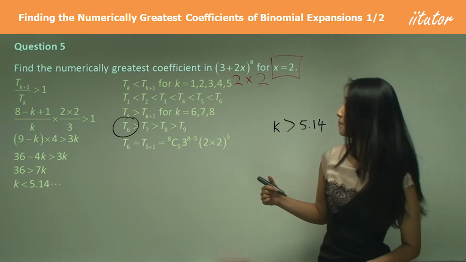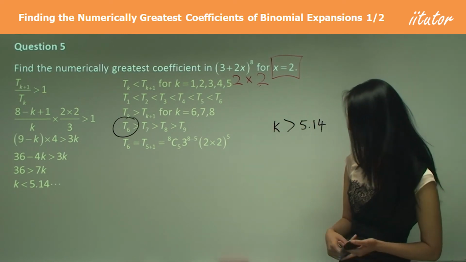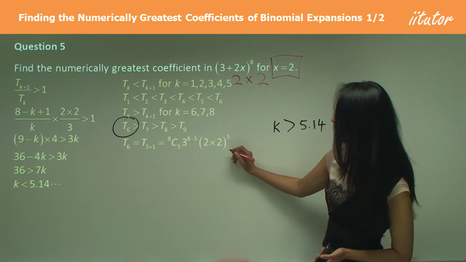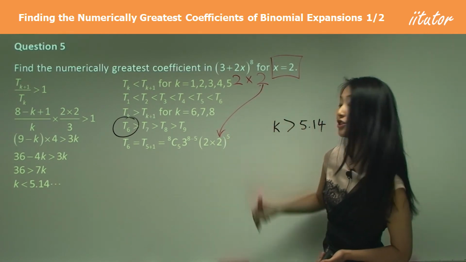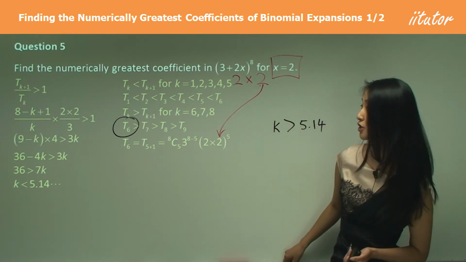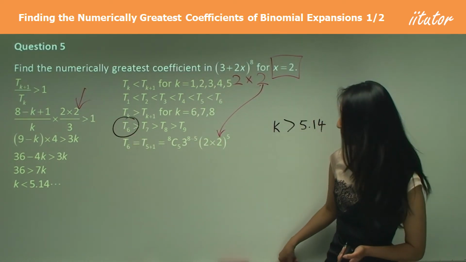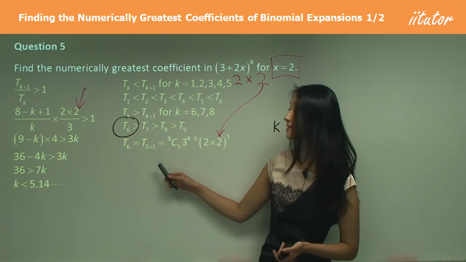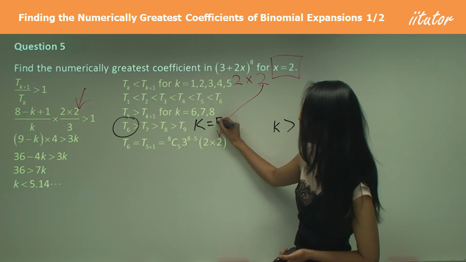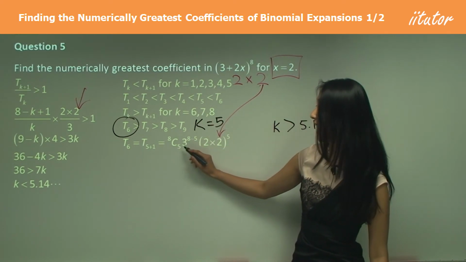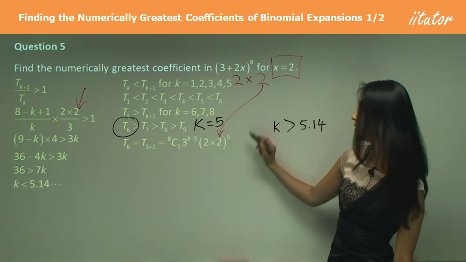And we just substitute back into the general term, but the only difference is that here, instead of having 2x, because we know that x equals 2, we substitute in that 2 again there. So those are your two differences, that 2 being substituted in and that 2 being substituted in. Knowing that T6 is T(5+1), that was k equals 5. So 8C5, 3 to the power of 8 minus 5, and this was 2 times 2 to the power of 5.